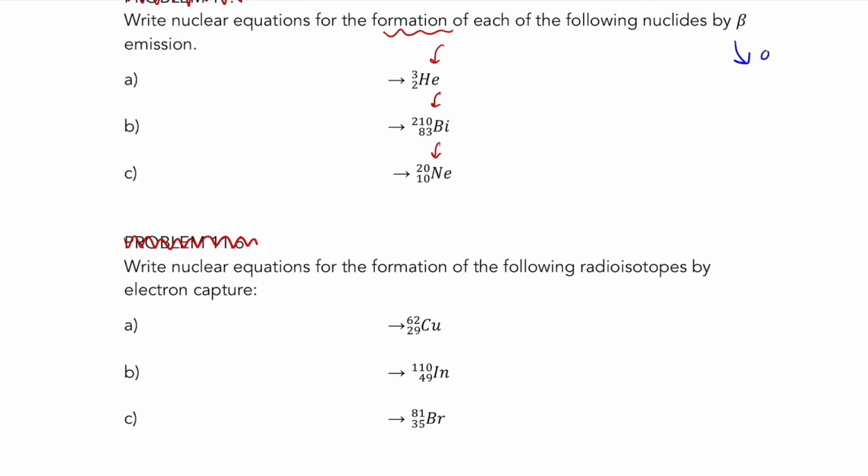So remember, we've talked a lot about the beta particle, but the beta particle is the electron, and because it's emitted, it's a product, so I can add in the electron in each of these cases.